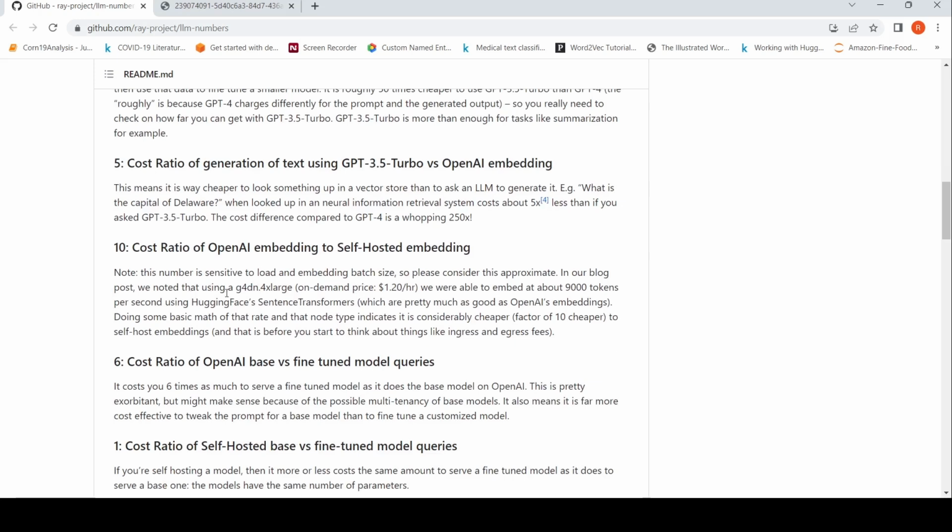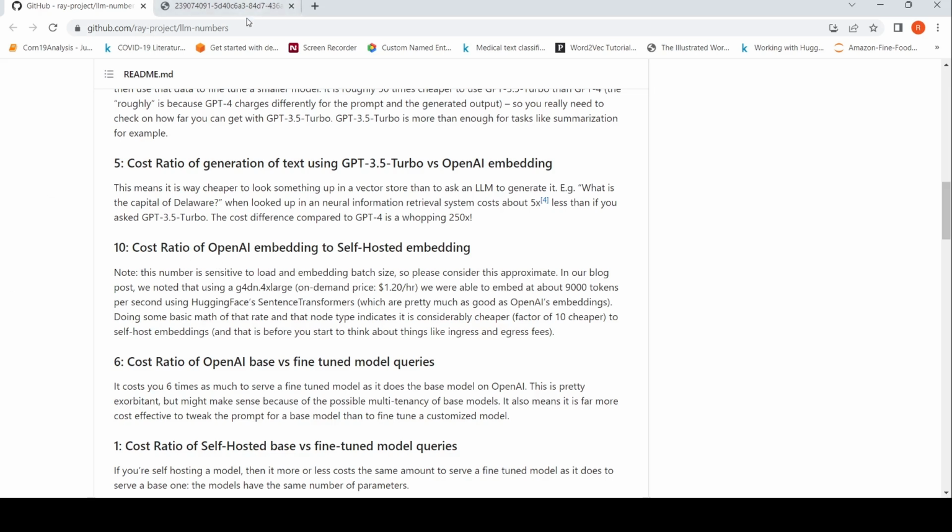We noted that using a particular instance, G4DN.4x, we were able to embed about 900 tokens per second using Hugging Face sentence transformers, which are pretty much as good as OpenAI embeddings. So doing some basic math on that rate and the node type, it is considerably cheaper, by a factor of 10, to self-host embeddings compared to OpenAI embedding.